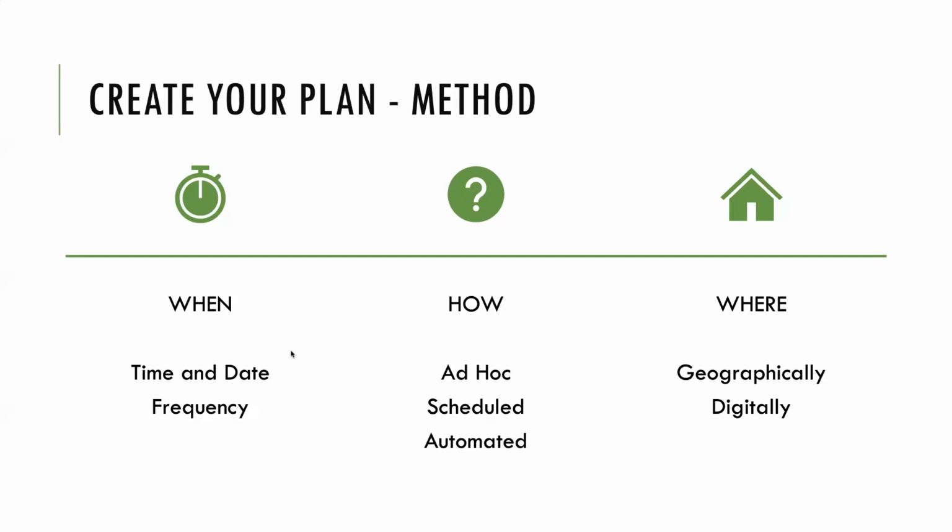And when I say digitally, I mean, are they viewing it on their mobile or desktop? And once you've sent your first email, you'll get more of a feel for this because you can see it in your analytics. But it is quite surprising how many people now view their emails on their mobile phone first.